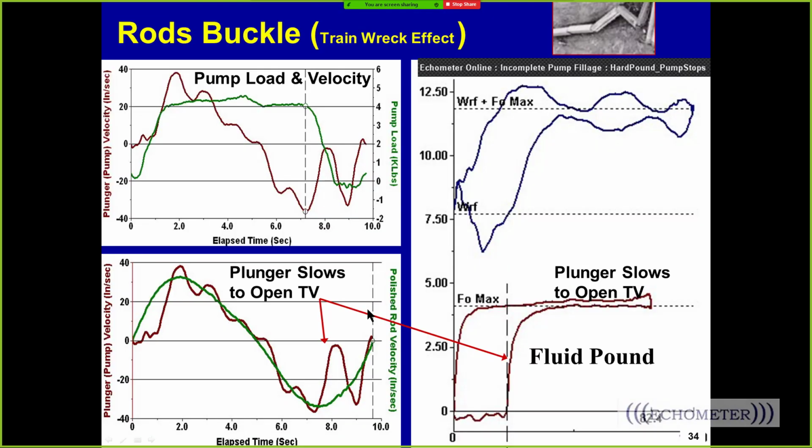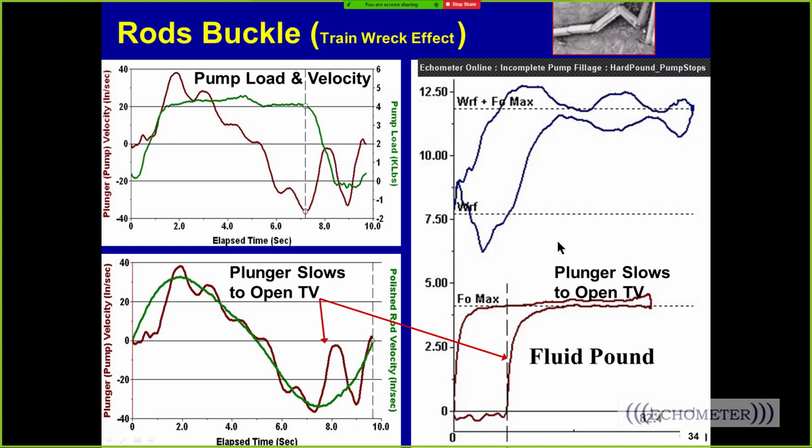All right, so here's just a picture of the same thing, and this is a hard pound, pump stops, as example data. And this is a picture of the railroad cars, and the railroad they stopped, and so the cars ran off the track, kind of like the rod string does on the inside of the tubing.